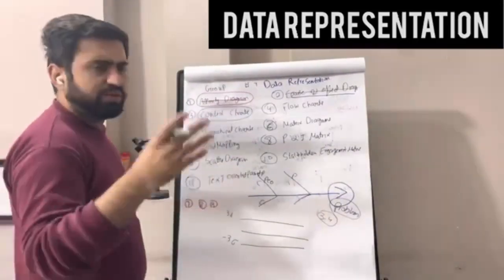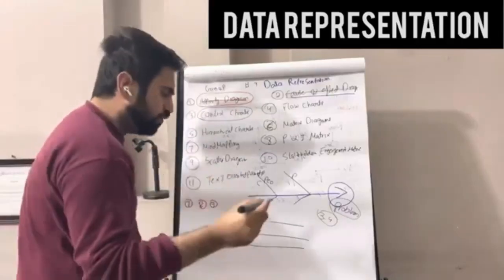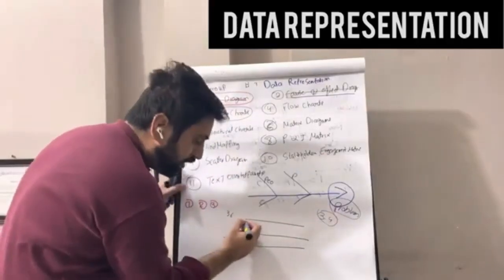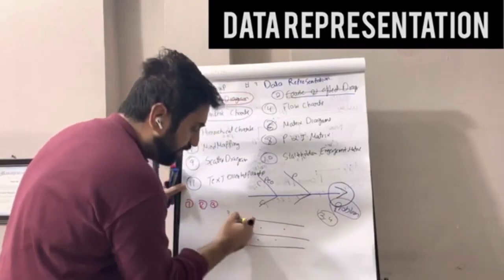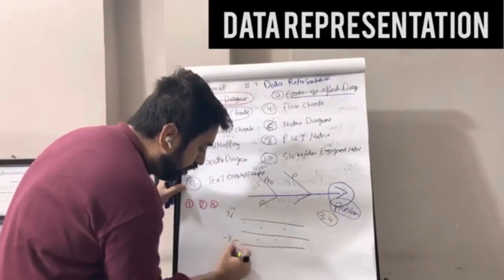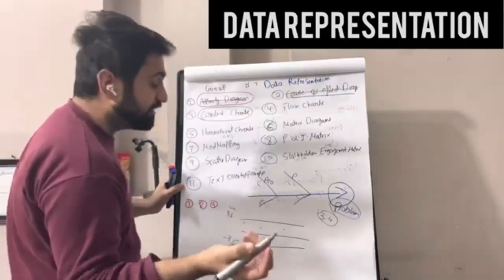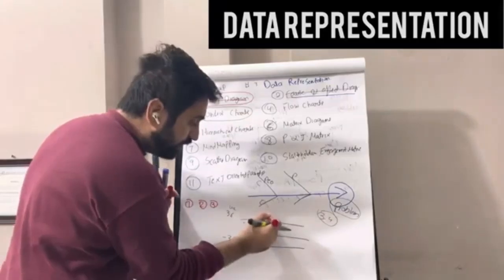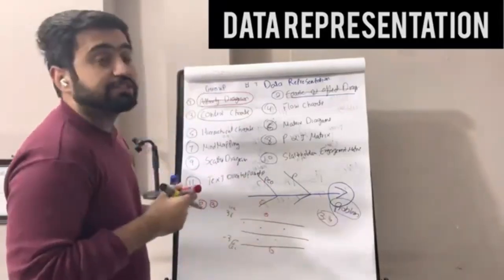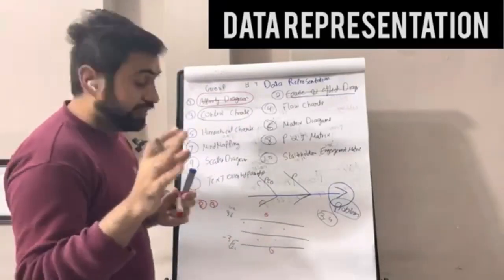You can make a control chart with any limit you want. You track the points. If the points are within the upper and lower control limits, we say the process is in control. If any point goes outside, we say there is a special cause and it needs to be investigated.